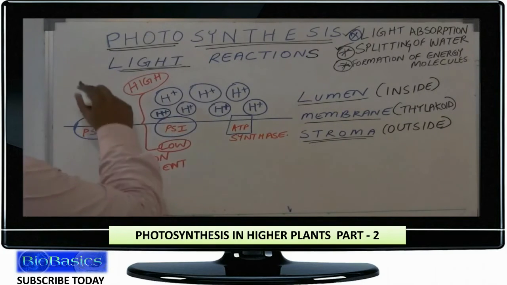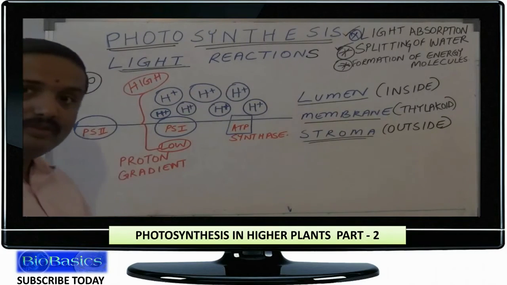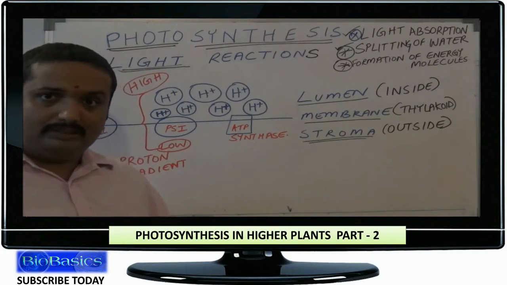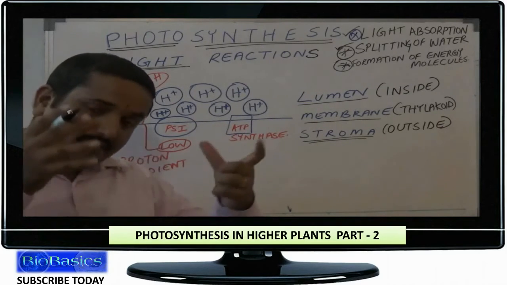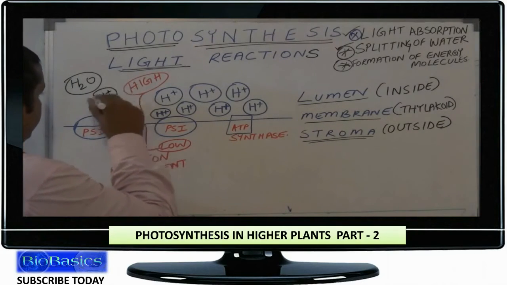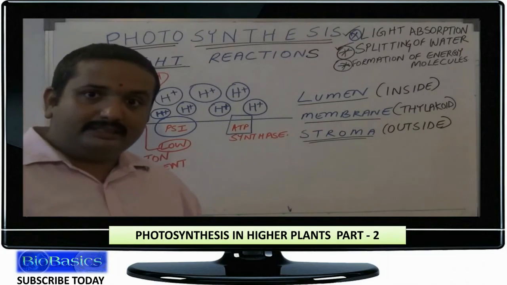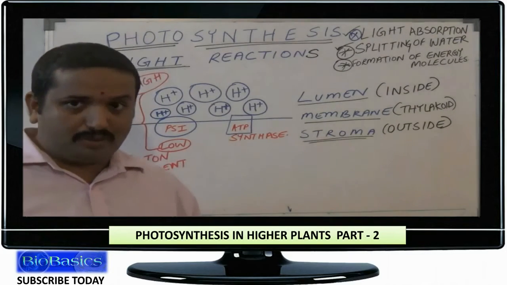Now, I already told you that you have two sources of electrons, or the major source of electrons is the splitting of water, and the splitting of water also gives you H plus ions. This is a source of protons. There is another source of protons.